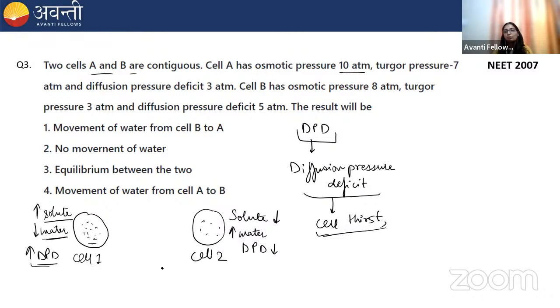Water moves from high concentration to low concentration, right? Is it clear to everyone? So here the water will move from cell 2 to cell 1, because cell 2 has a low DPD and a high water potential. Okay?